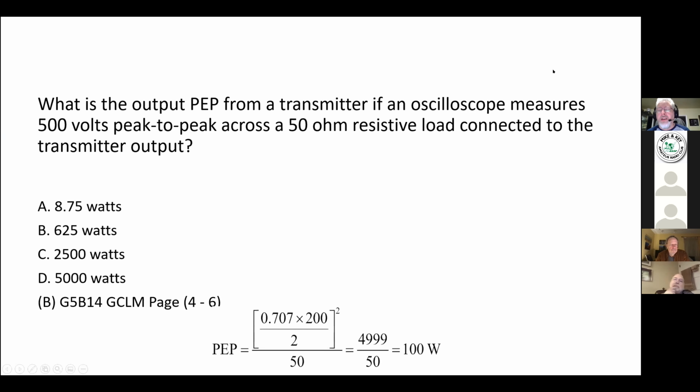Capacitors designated with a C store electric energy and have values specified in picofarads, nanofarads, and microfarads. Inductors designated with L store magnetic energy and have values measured in nanohenries, microhenries, millihenries, and henries.